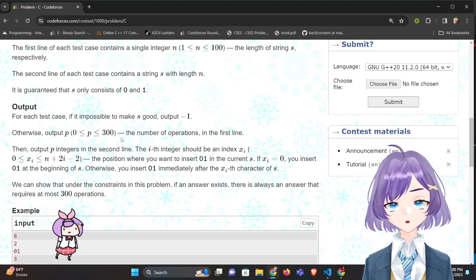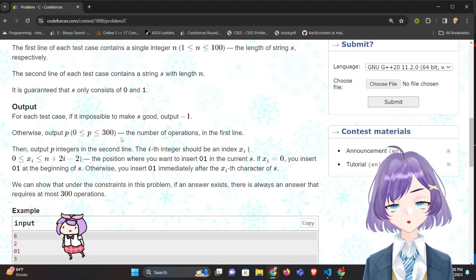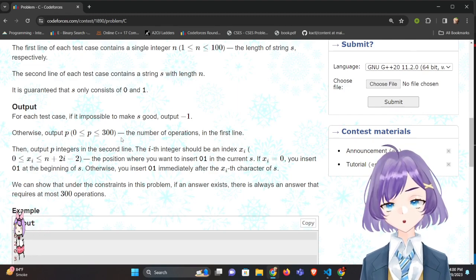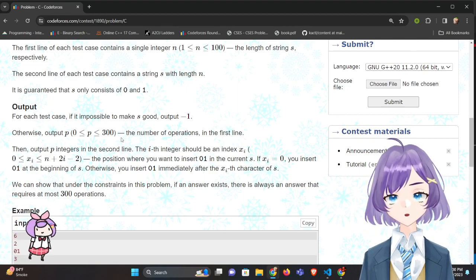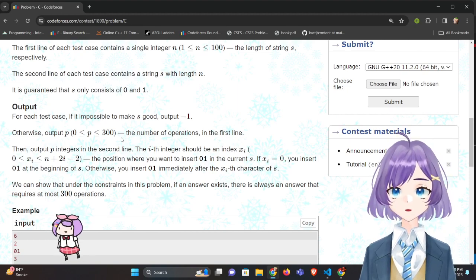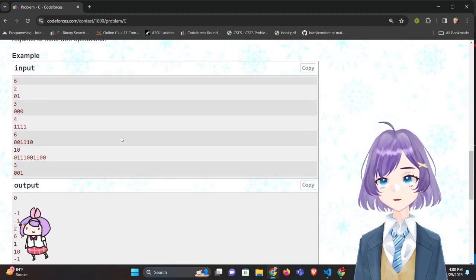Otherwise, you insert 0, 1 immediately after the xi-th character of S. We can show that under the constraints of this problem, if the answer exists, there is always an answer that requires at most 300 operations.